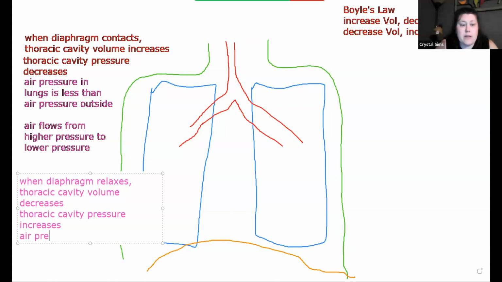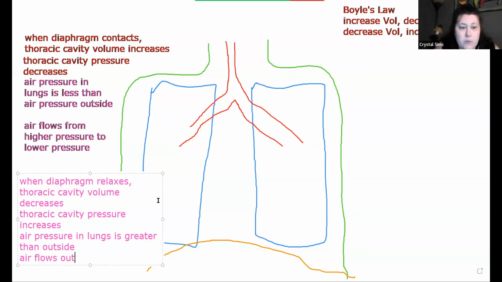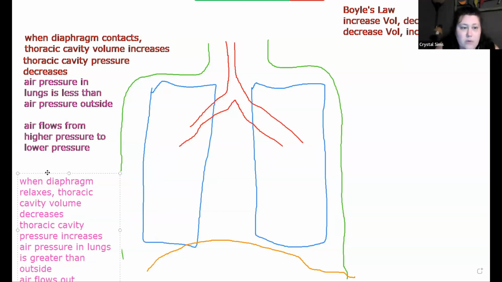So now the air pressure in the lungs is greater than outside. So air, again, flows from higher pressure to lower pressure, so air flows out. Okay, so when the diaphragm relaxes, air is going to flow out.